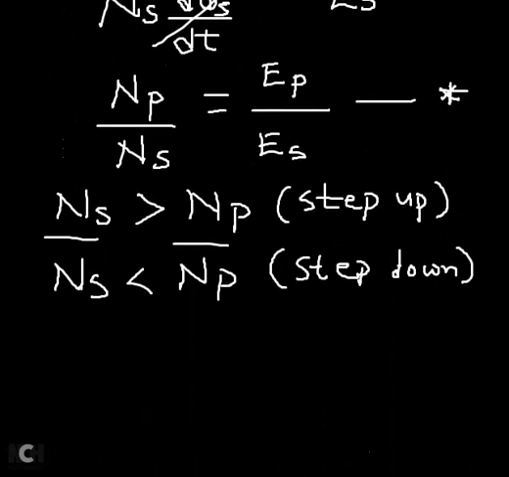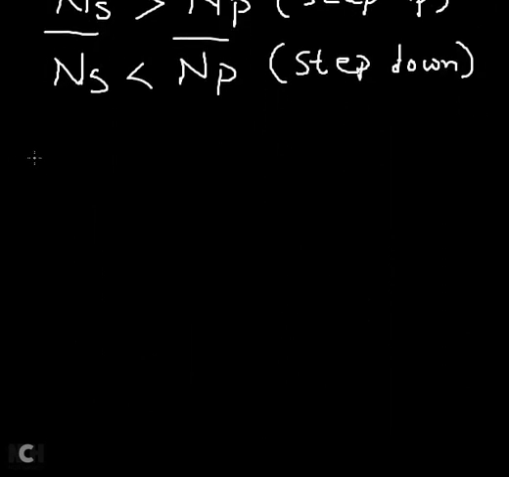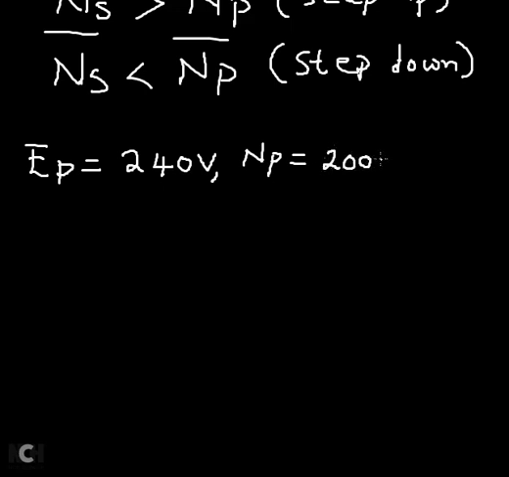Now let's look at a typical example where a transformer is supplied with a primary voltage of 240 volts, and the number of turns of the primary coil is 2000 turns.